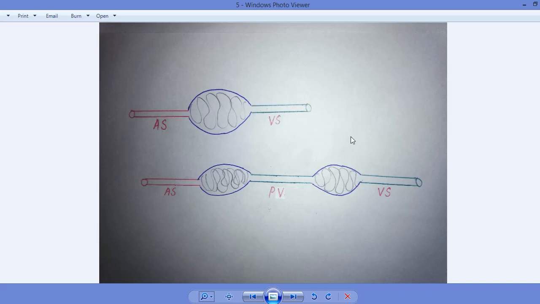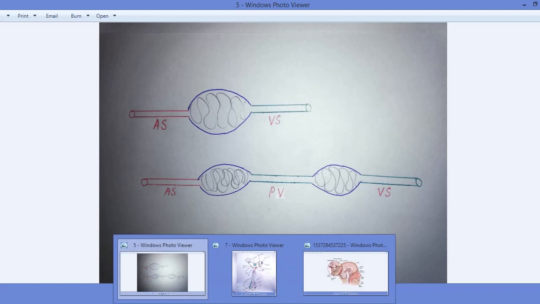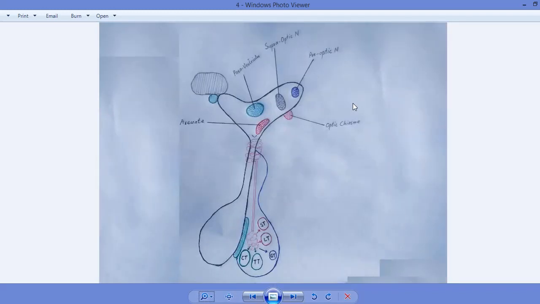So the portal system which is present inside the hypothalamus and pituitary gland is called the hypothalamo-hypophyseal portal system. This is a very important system because the cells or nuclei secrete some hormones or mediators.